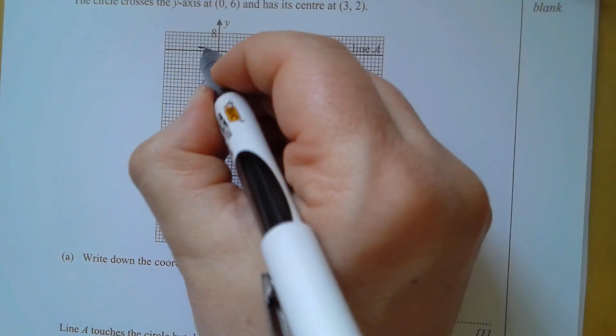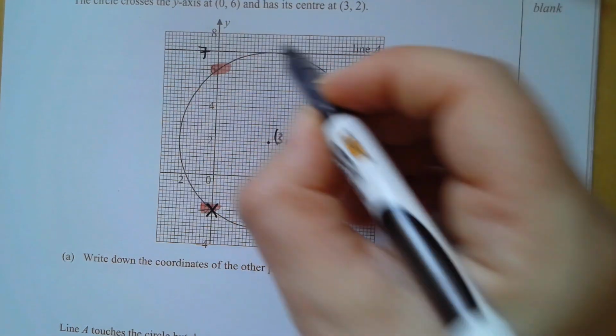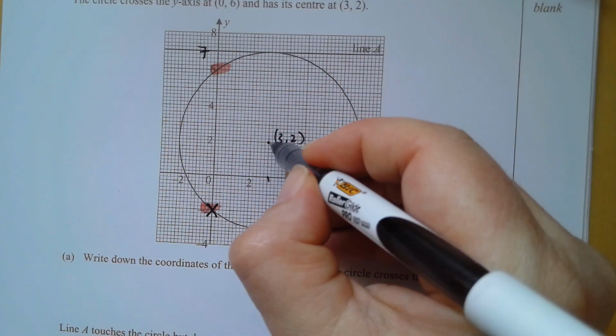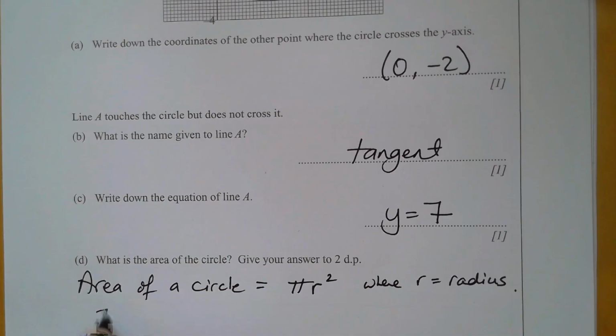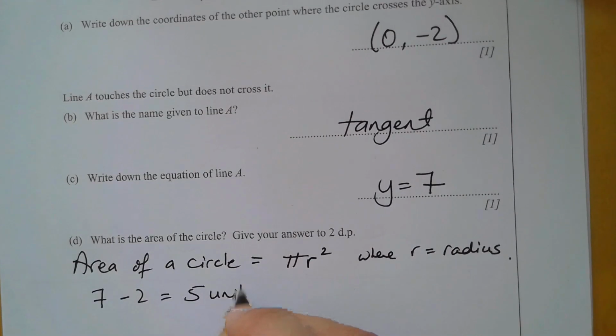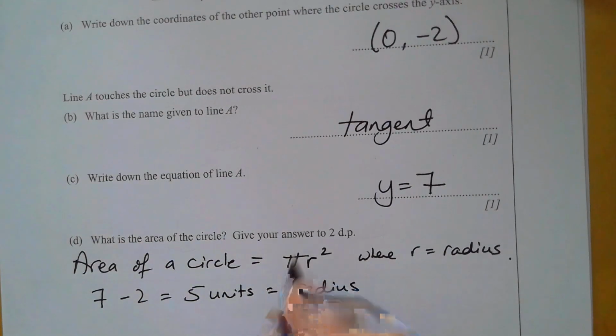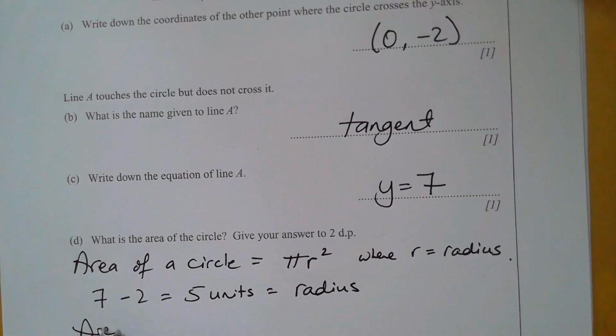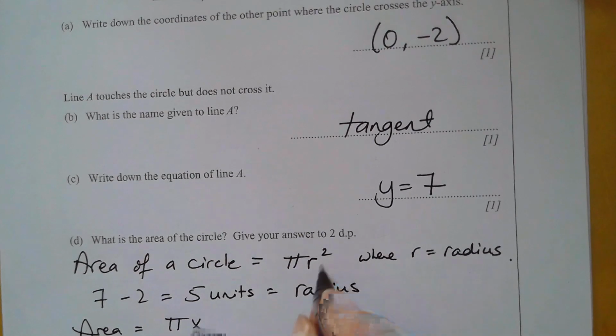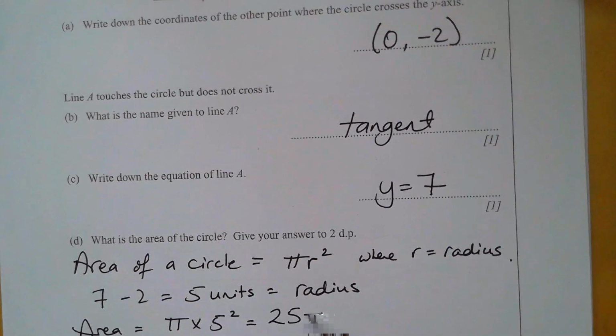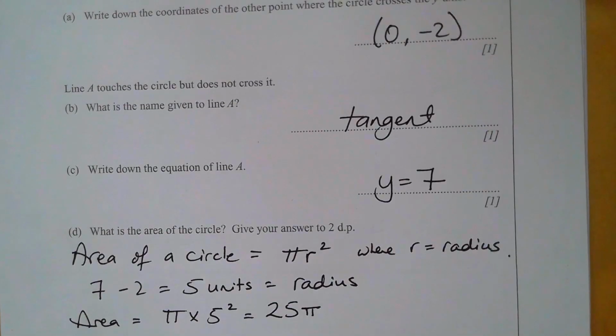So here it's going up to 7, and here it's going down to 2. So I can take 7, subtract 2, equals 5 units, and this is my radius. So I substitute that in. R squared, 5 squared is 25 pi, and we put that into the calculator.